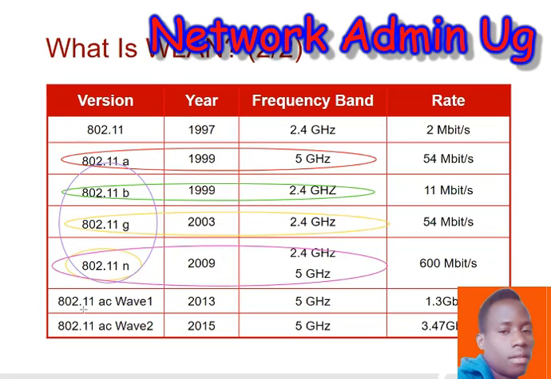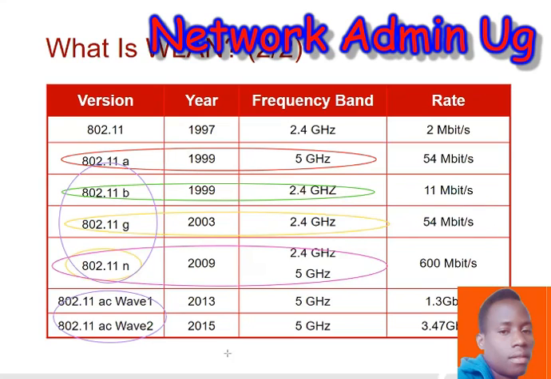So then we have two other new technologies. These are the 802.11ac Wave 1 and Wave 2. These were developed in 2013 and 2015 respectively, running at 5 gigahertz and giving much higher speeds, which are 1.3 and 3.4 gigabits per second.